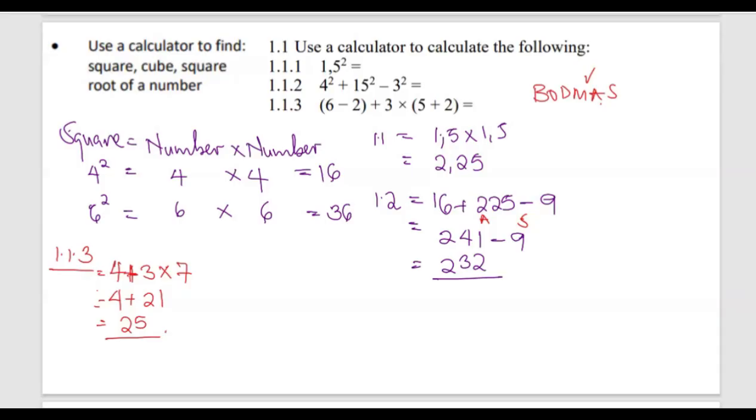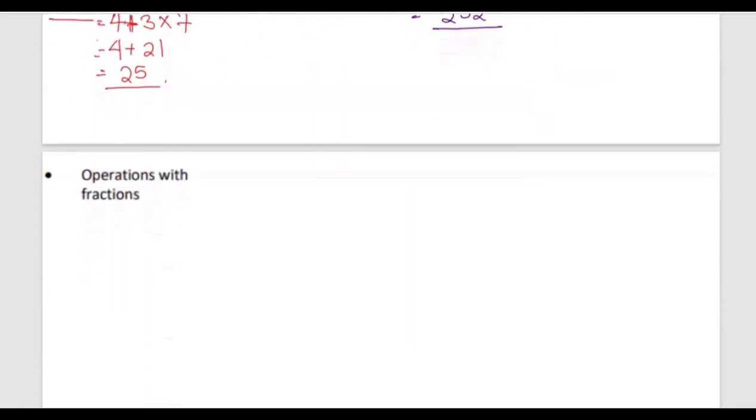Okay. Question number, operations with fractions. Now, here, what I want you to understand is that fractions will change. You can divide, we can add. Remember fraction, we have 3 types of fractions. We have a proper fraction, whereby we have a small numerator and a small denominator.